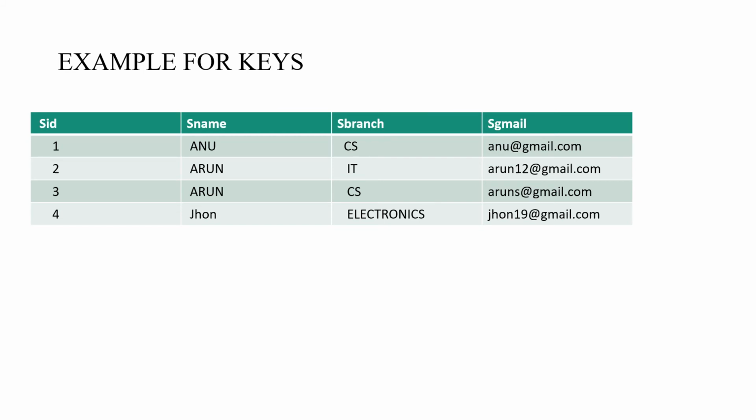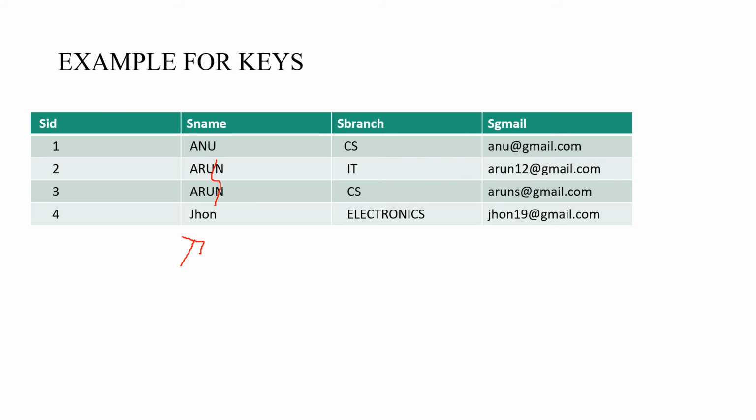So here we need one unique ID to find a particular record from the table. We can't use S name as the ID to find a particular record, because here Arun is a duplicate name. Two times the name Arun comes here.